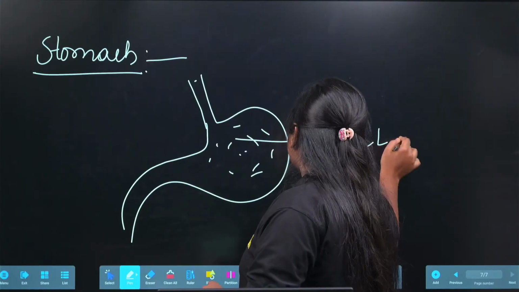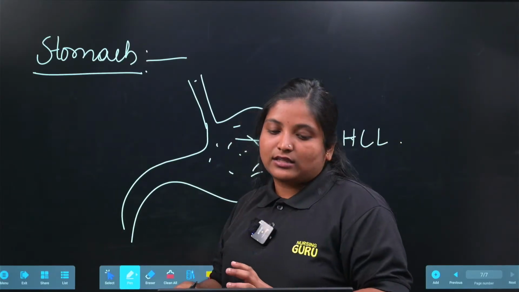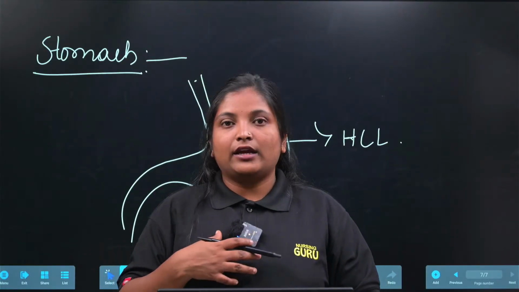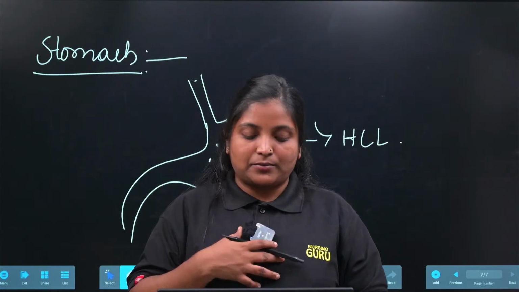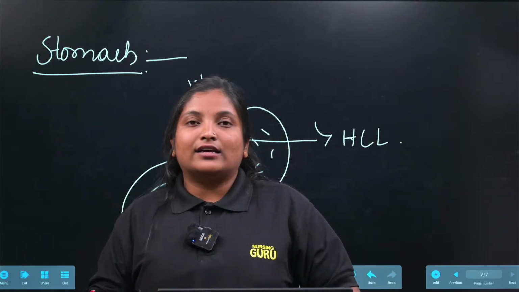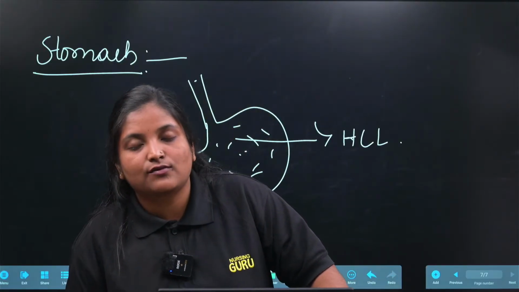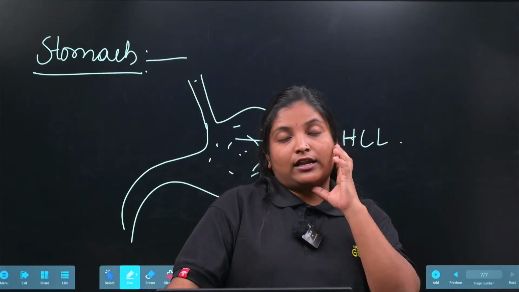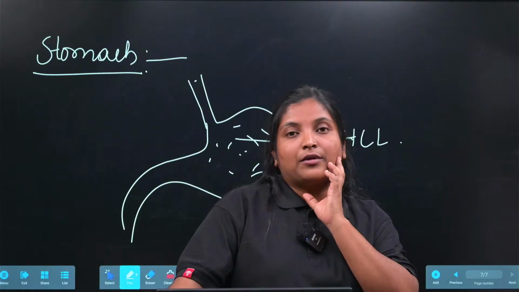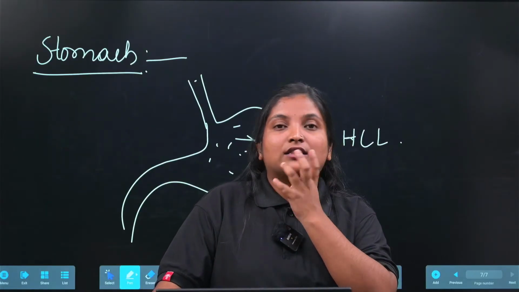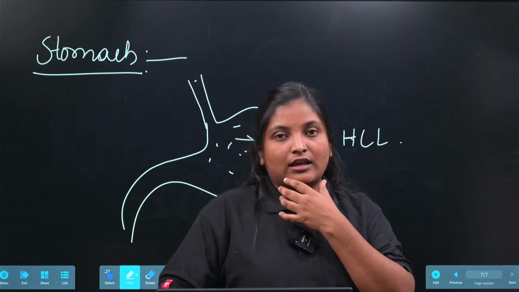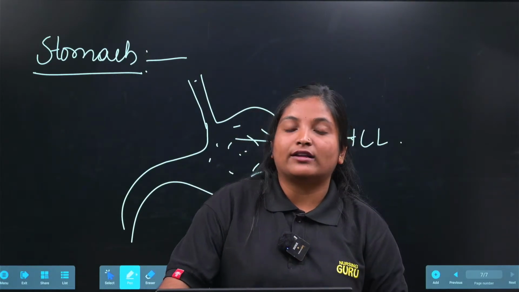It starts to mix with those secretions and turns into a semi-fluid substance, which we call chyme. While eating, the crushed food mixed with the saliva is called a bolus. Now it is a semi-fluid substance, we call it chyme.